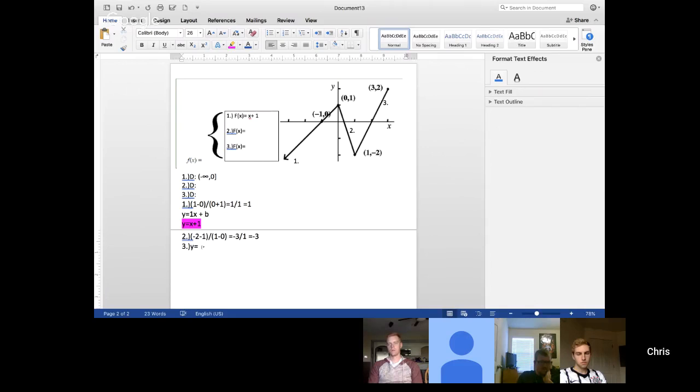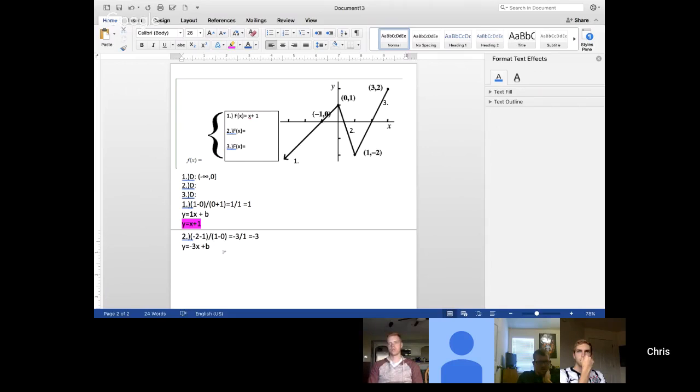So we have negative 3x plus b. Your y-intercept would be 1, wouldn't it?